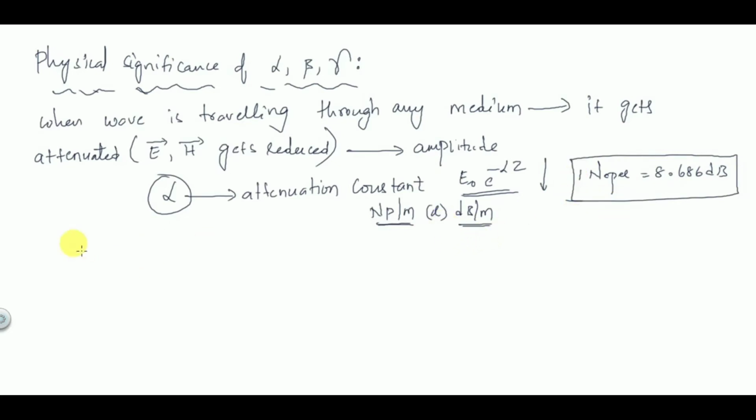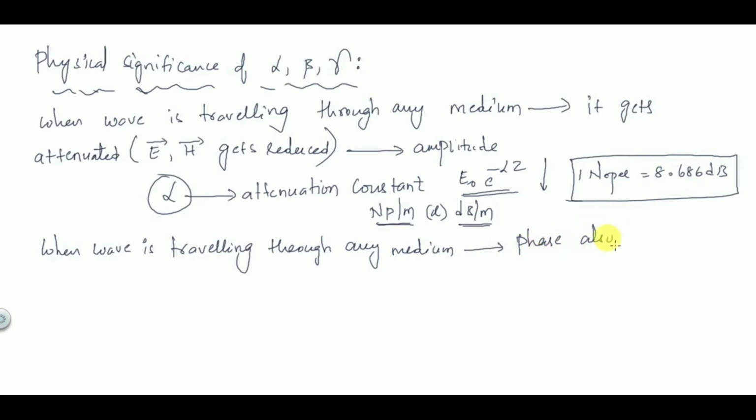Similarly, when a wave is traveling through any medium, its phase also changes. This change in phase is represented by beta, which is called the phase shift constant.